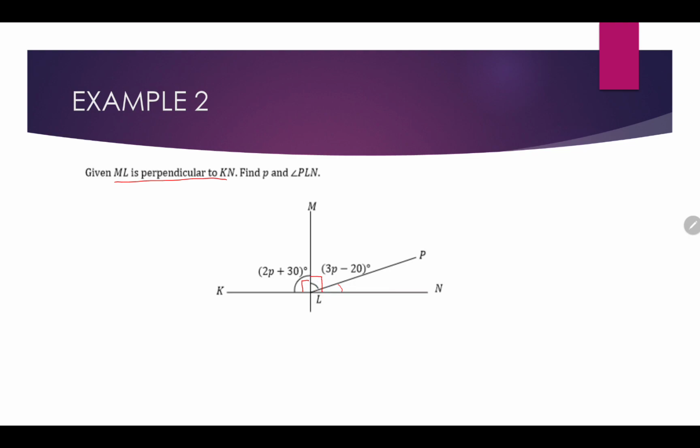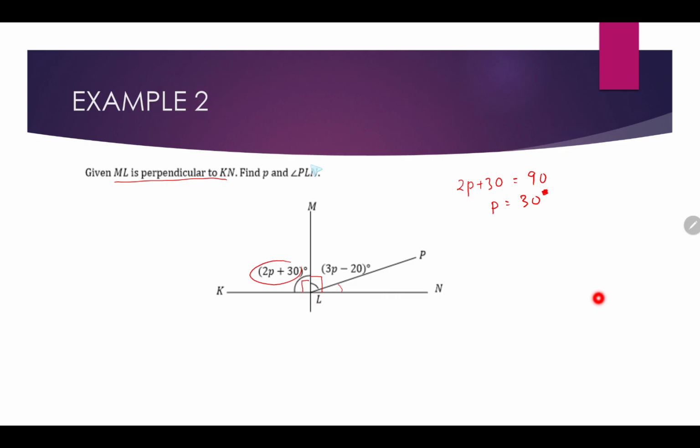So we can say that 2P plus 30 equals 90. So kita boleh cari P equals 30. P 30 je lah, dia tak ada degree kat situ.